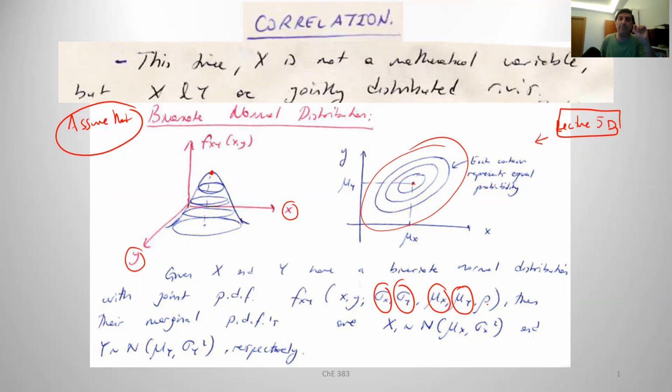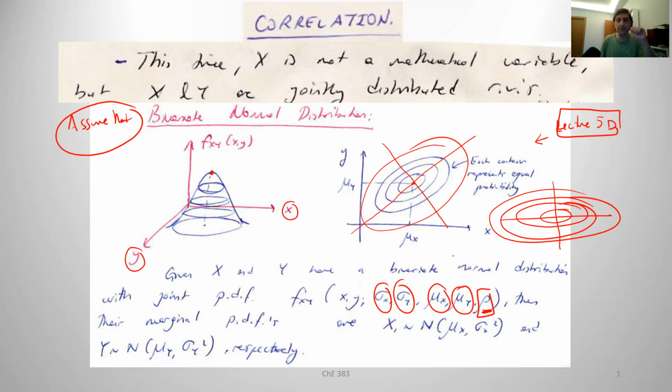The only parameter that cannot be obtained from the corresponding marginal density functions is the correlation. Depending on the correlation, if you recall, the principal axis of this ellipse changes. If there were no correlation, then what you obtain would be these Gaussian curves. I couldn't draw it very clearly, but I think you get the idea.